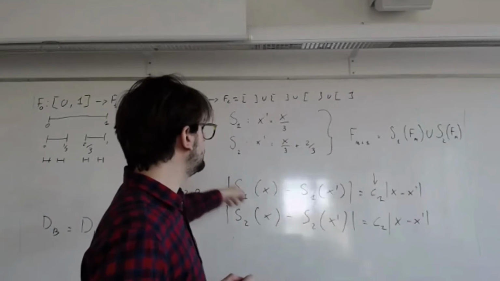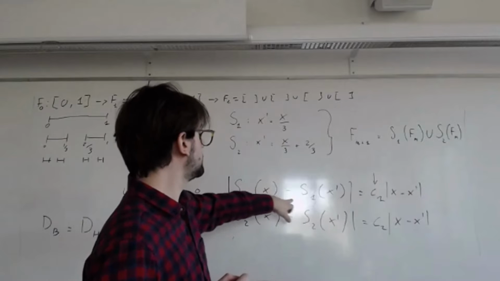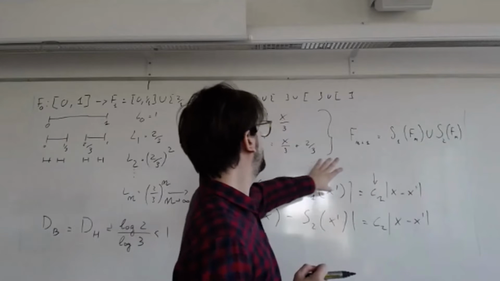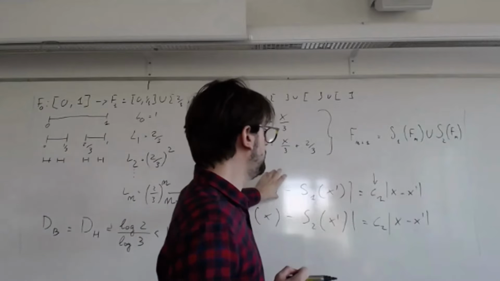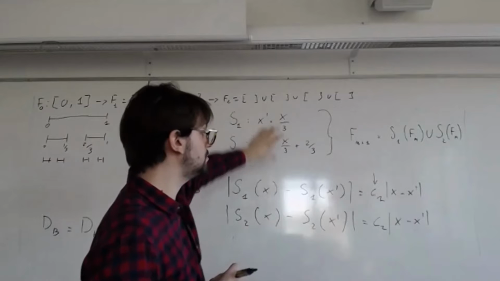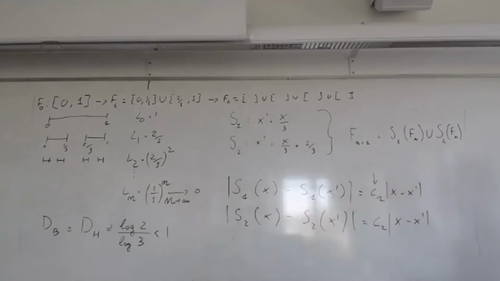But basically what you're doing here is to calculate the distance between the application of one of these two pieces before and after the application. The distance between two pieces before and after the application, and saying that this is equal to some contraction.